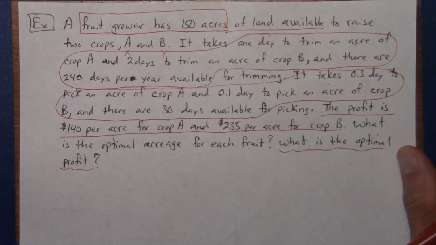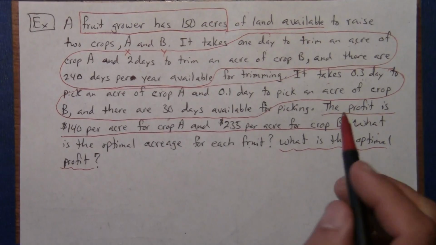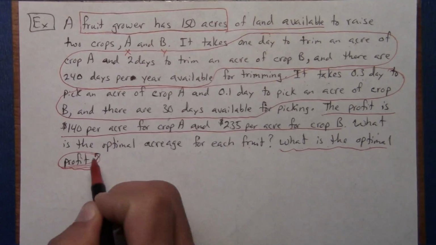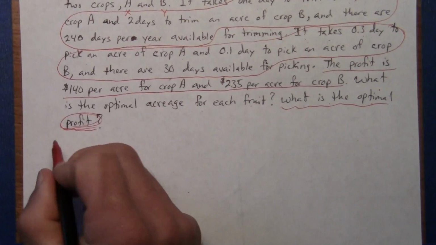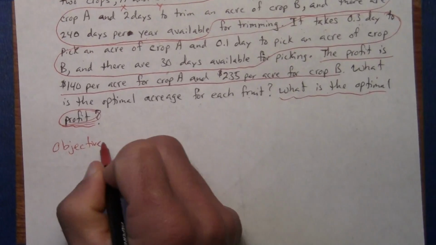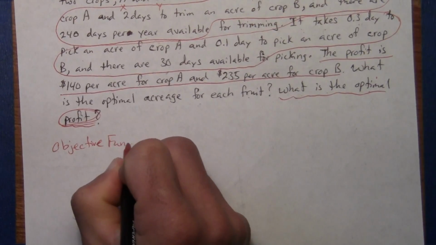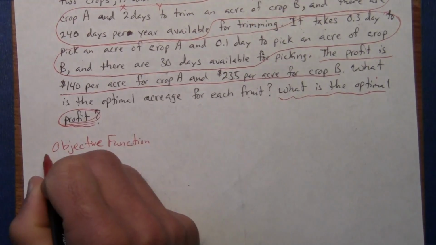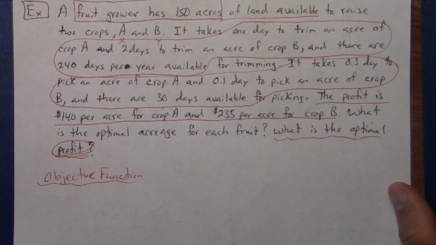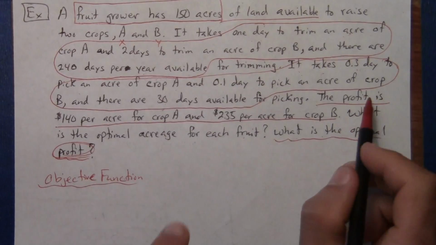And how you're going to find it is basically looking at one of the last two sentences. What is it asking you to optimize? It's asking you to optimize profit. So when I go to write my objective function, it is asking for maximizing profit. So when I go back and read through this paragraph again, I'm looking for the numbers that are going to have the word profit in them, and that's right here.